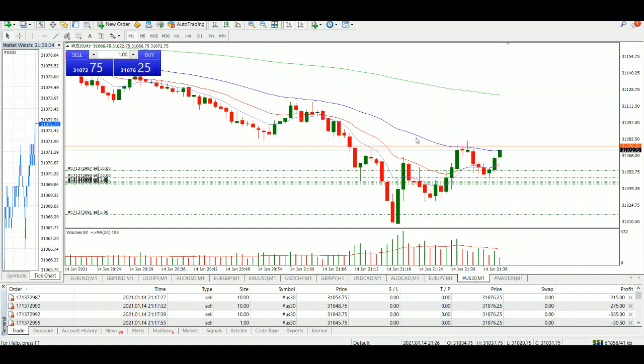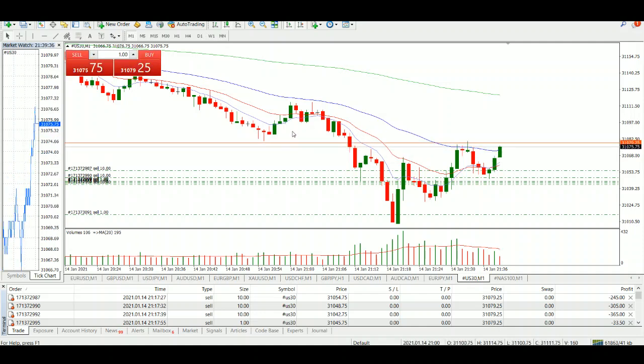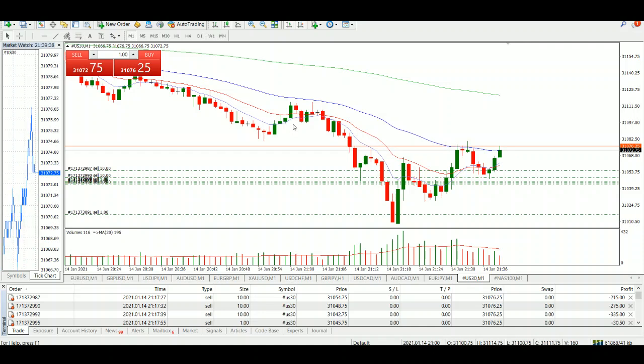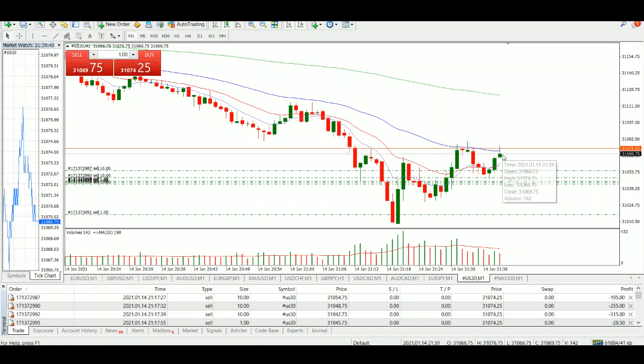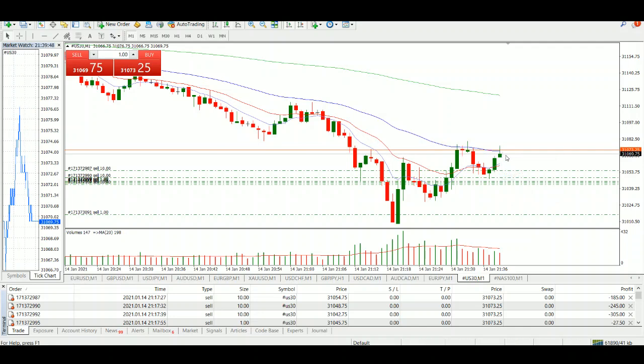We are still in the middle of this candle. Always take a look at Market Watch. Keep your eye on it to know the beginning and the end of the candle, the present one.